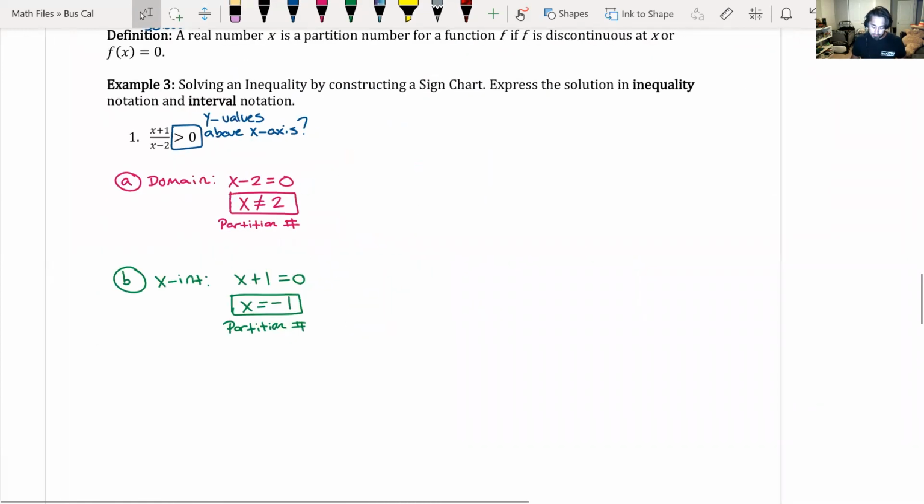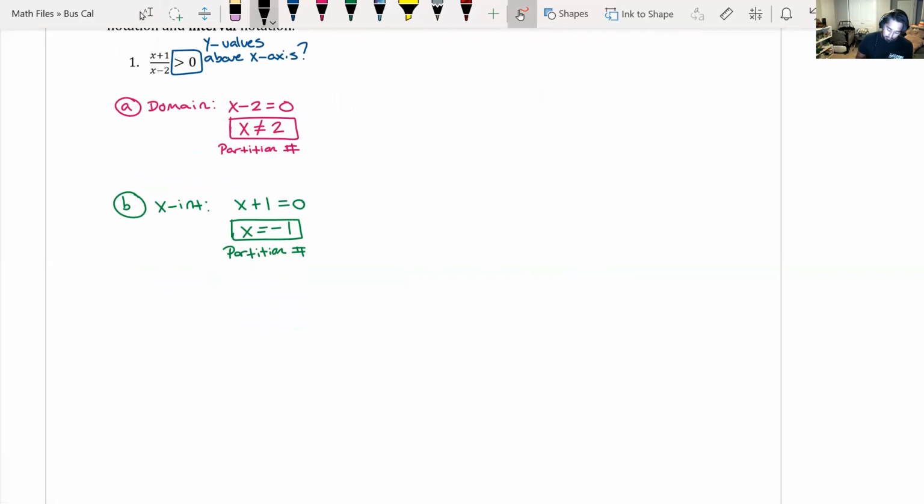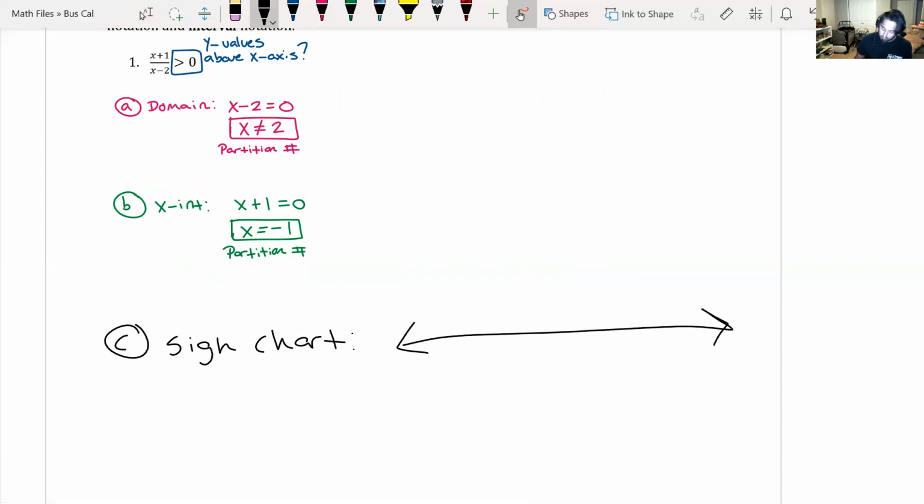All right. Step C, number line and plot your partition numbers. Sign charts. And our sign charts should always go from -infinity to +infinity, pending some type of domain from an application problem, but that comes later.